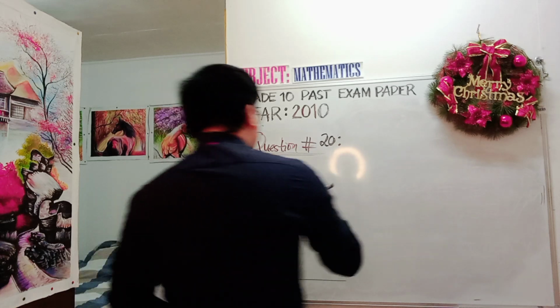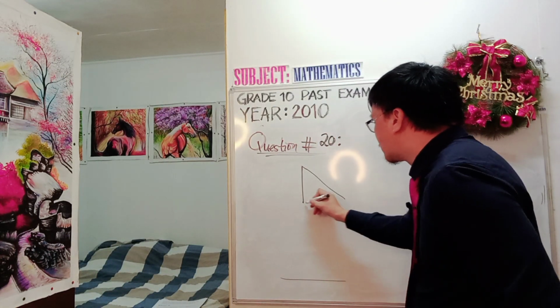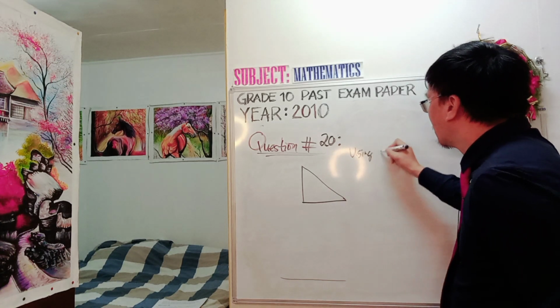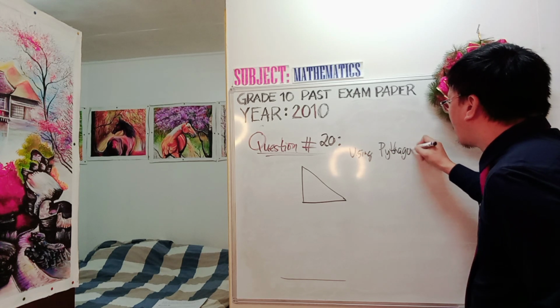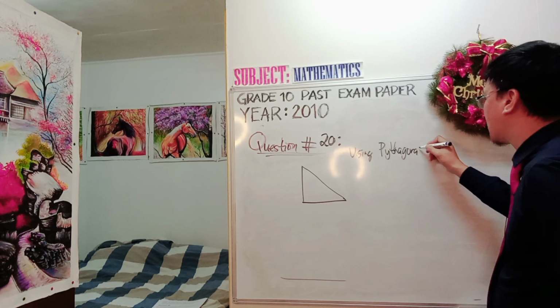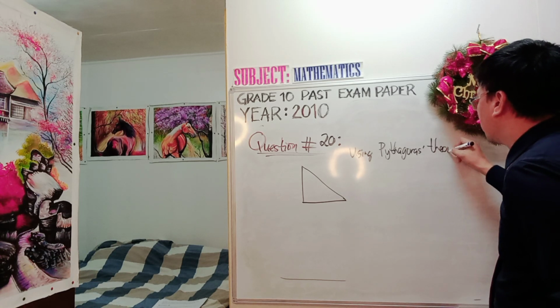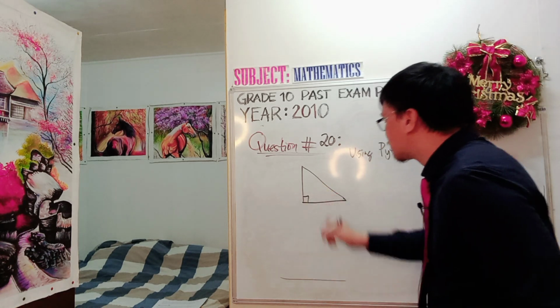In the right angle triangle, take note, when do we use the Pythagoras theorem? Okay, this is a right angle triangle.